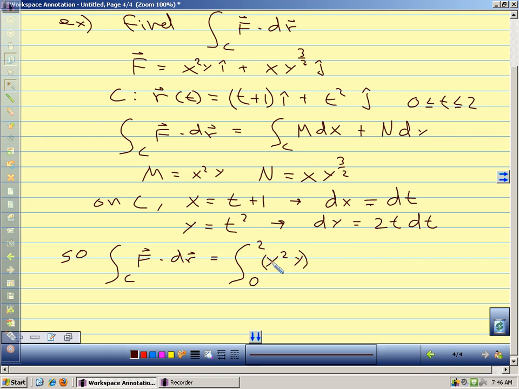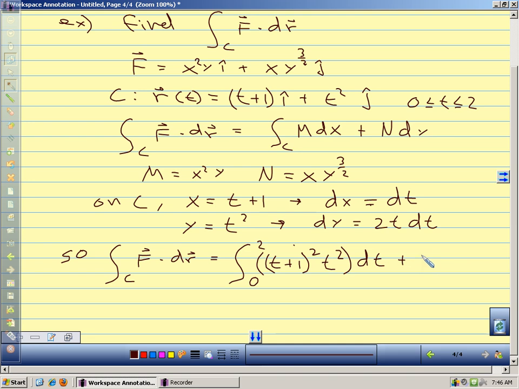So x is t plus 1, squared, and y is t squared, times dt, plus x y to the 3/2.